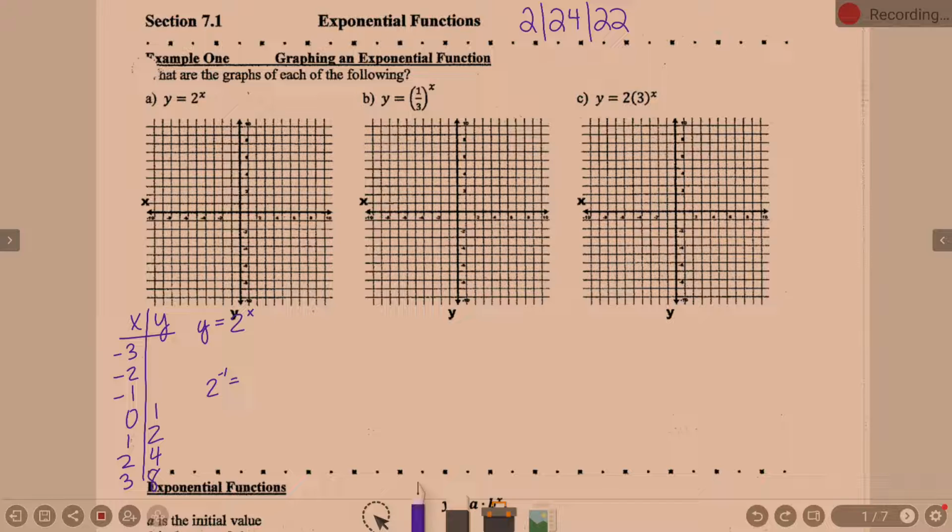In order to get a negative exponent to become positive, we move it to the denominator. We've done this this year. You just have to dig it out of your memory. So 2 to the -1 really becomes 1 over 2 to the first. And 1 over 2 to the first is the same thing as saying 1/2. I heard a 0.5 out there. Is that the same? Yes.